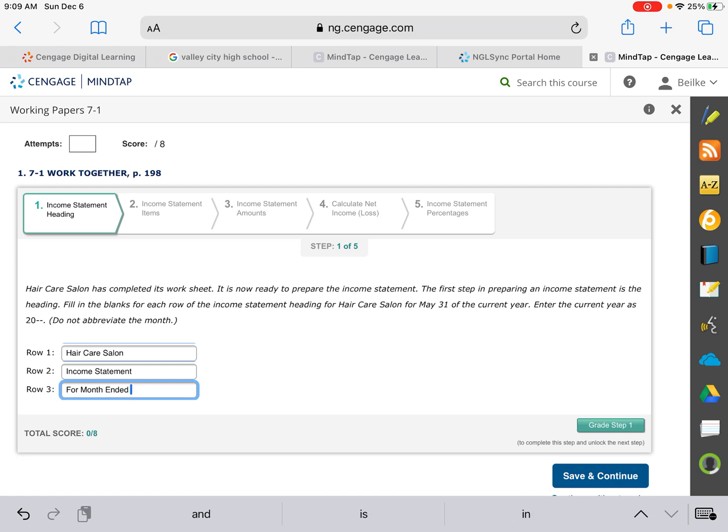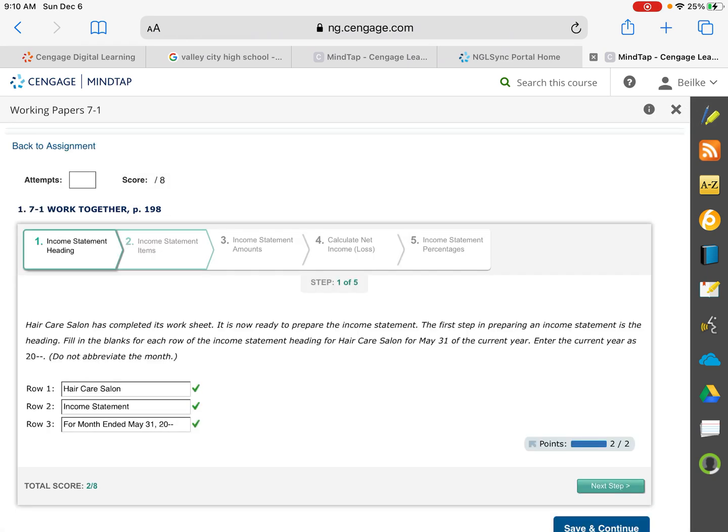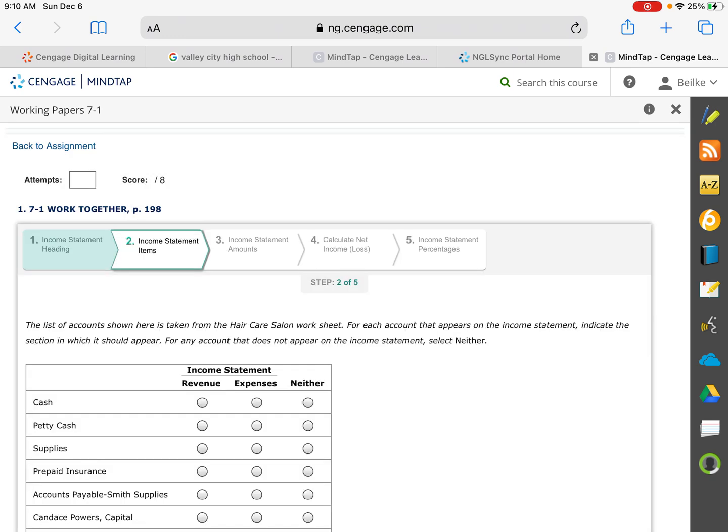And the month is ending on May 31st, comma, 20, and then if you put, I believe, like 4 dashes and a space, and then tab out of there, it usually does a dash. All right, so there is our heading. We'll grade that one. Go on to the next step.